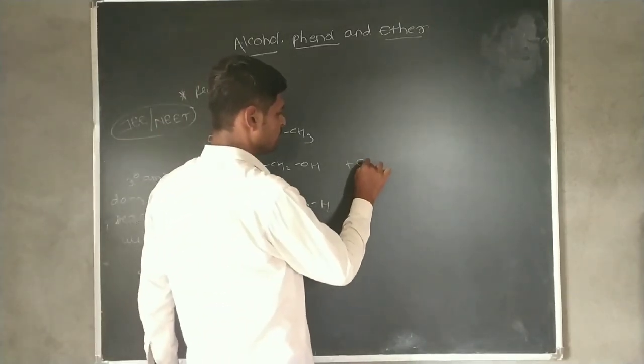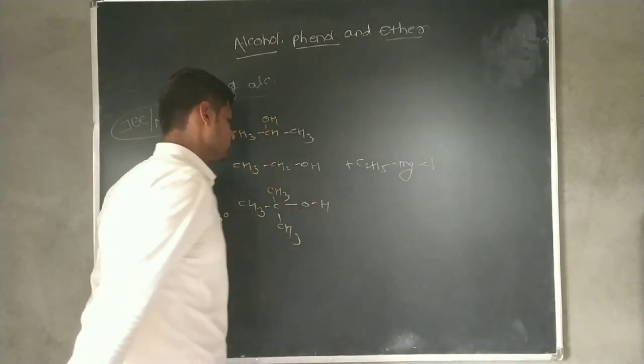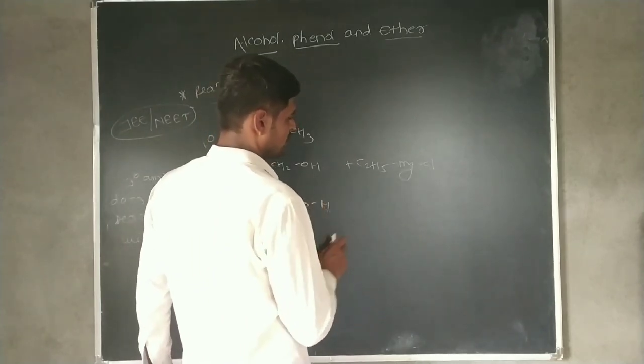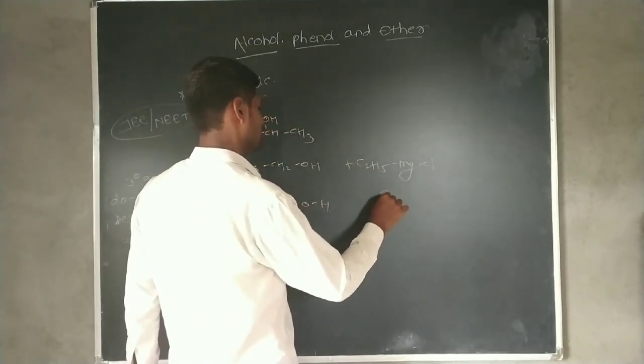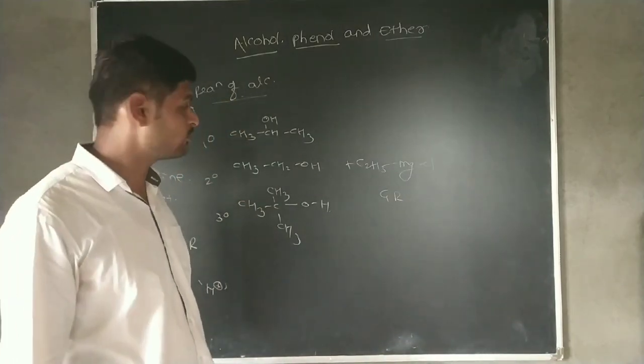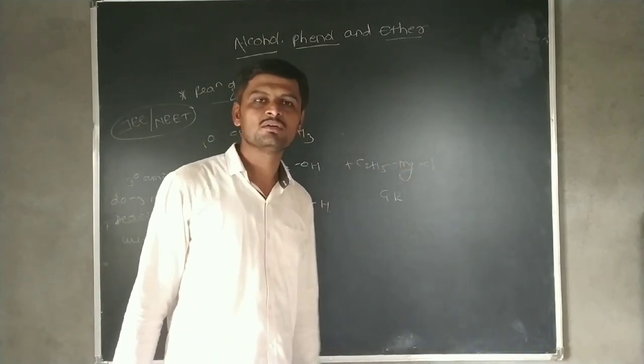It is reacted with C2H5MgCl. Okay. This is an ethyl magnesium halide, commonly known as the Grignard reagent. Grignard reagent is an organometallic compound, because in this reagent the metal is present.